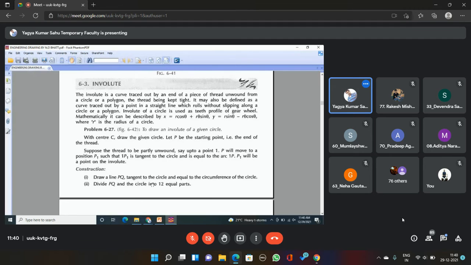First of all, read the definition. The involute is a curve traced out by an end of a piece of thread unwound from a circle or a polygon, the thread being kept tight.